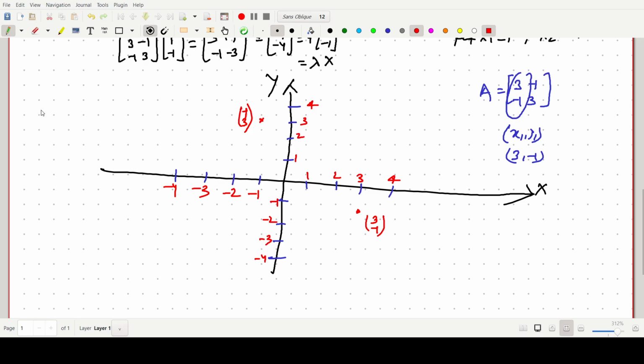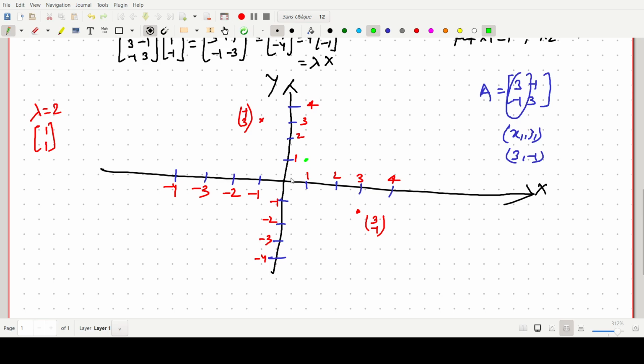Now for lambda equals 2, the eigenvector is 1, 1. I am taking a different color.